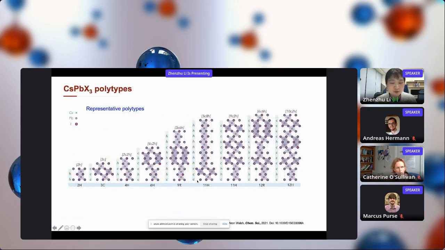So under this motivation, we use the cesium lead halide perovskite as the model system to investigate the polytypism of halide perovskite. Here are the representative polytypes with periodicity from 2 layers to 12 layers.